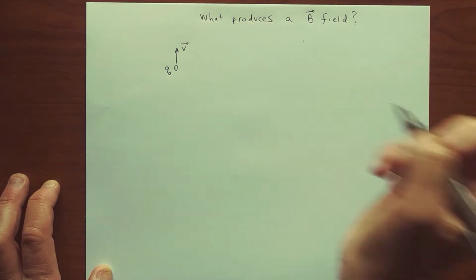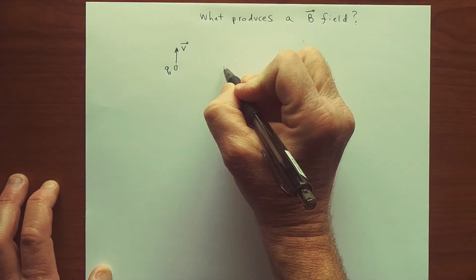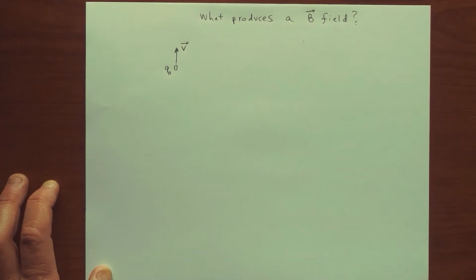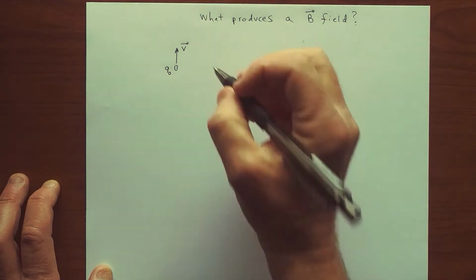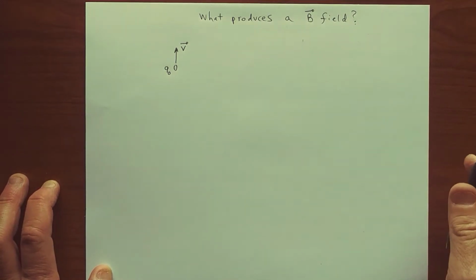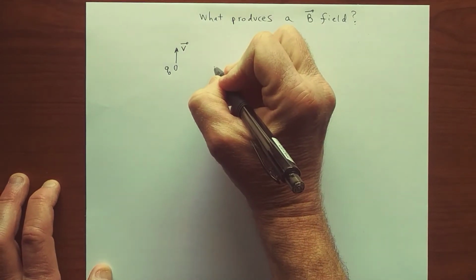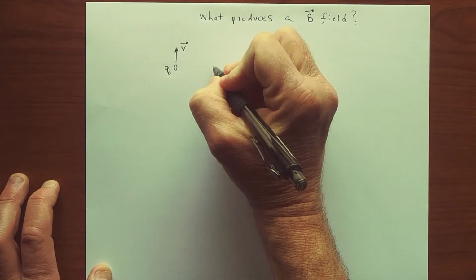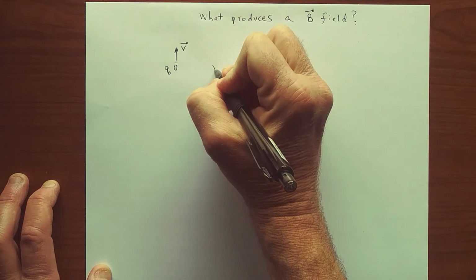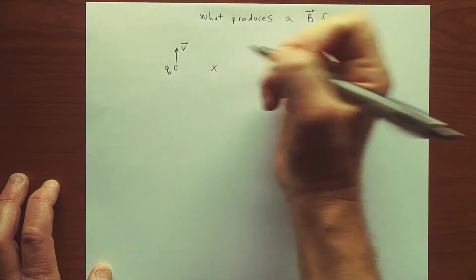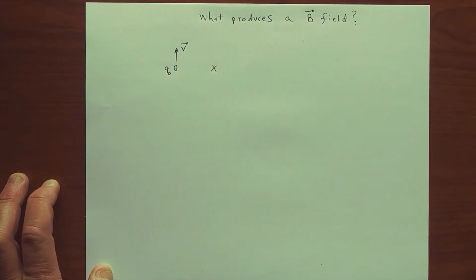So let's say that we try to measure the magnetic field here. Well, we'll end up finding that the magnetic field over here, let's just draw it with a pencil, its direction over here is into the page.